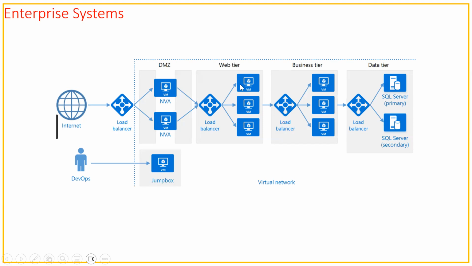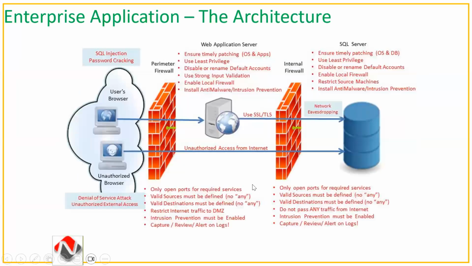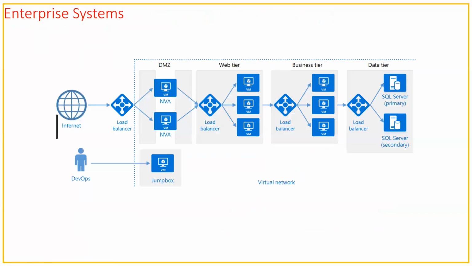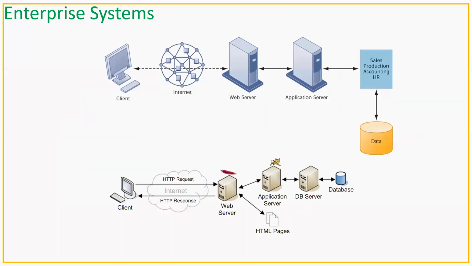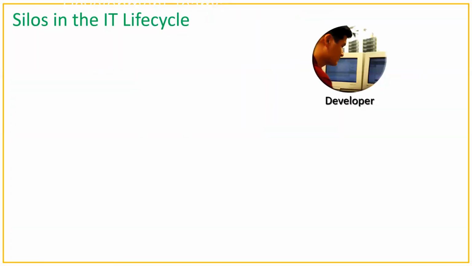If the web tier needs to, it talks to the business tier or the data tier. That's how it works. What I drew in the diagram is almost the same thing. As you can see, there are two firewalls: one external firewall between the customer and the DMZ, and another firewall between the DMZ and the restricted zone where my database is sitting. This is a similar idea for almost every enterprise application.